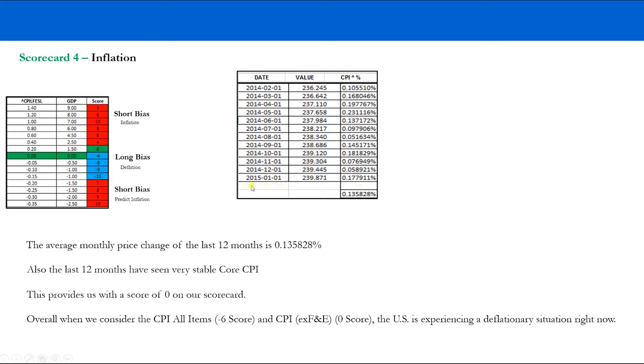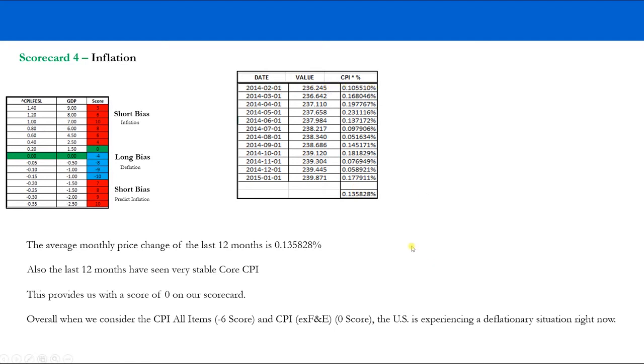So when you get new numbers coming out each month, you just take the last 12 months by inserting it in the latest row and including this in your overall statistical analysis. So if we put in a new row here, we would have 13 rows in this data set, and then we just exclude the top one.